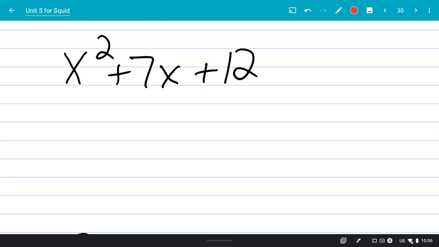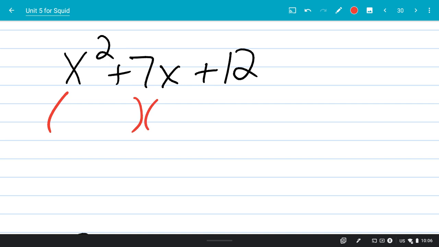First thing, is there a GCF? No. Is there a leading coefficient? No. So, wait a minute, you just said no, there's no leading coefficient, and I'm saying so. Split in signs, thank you, everybody. So, split in signs.